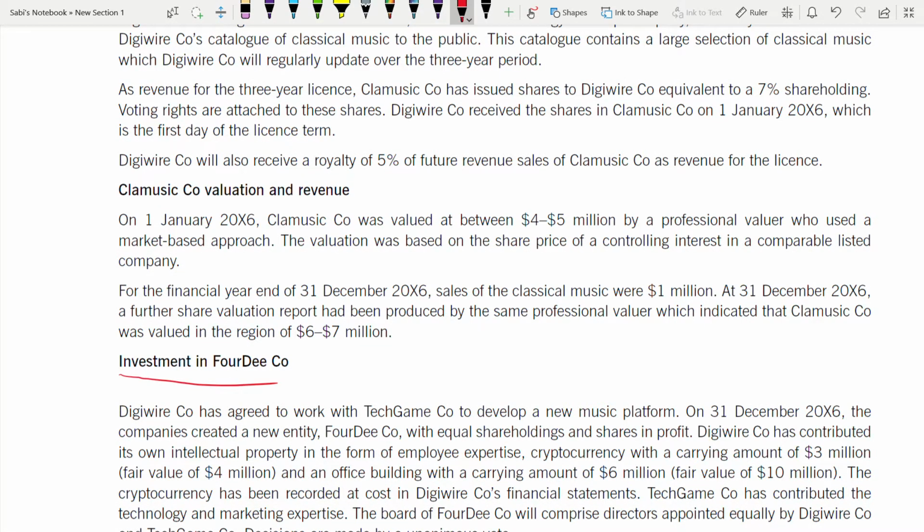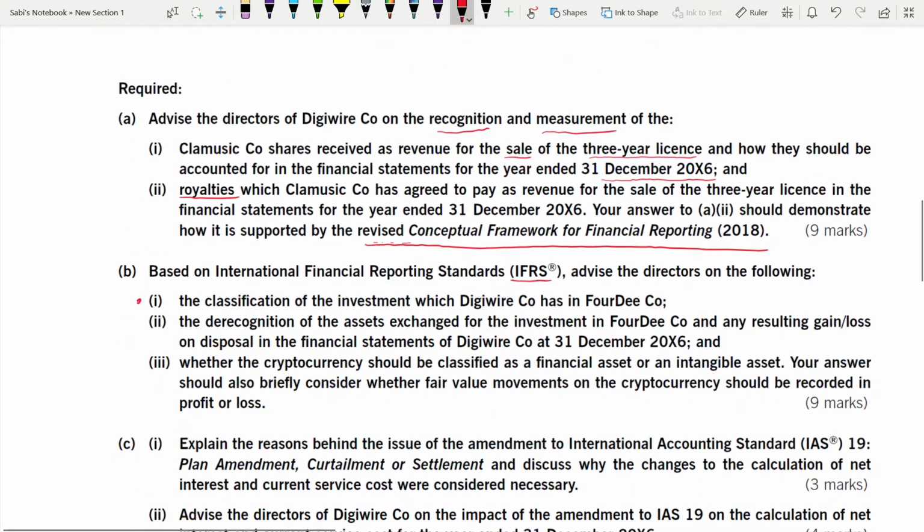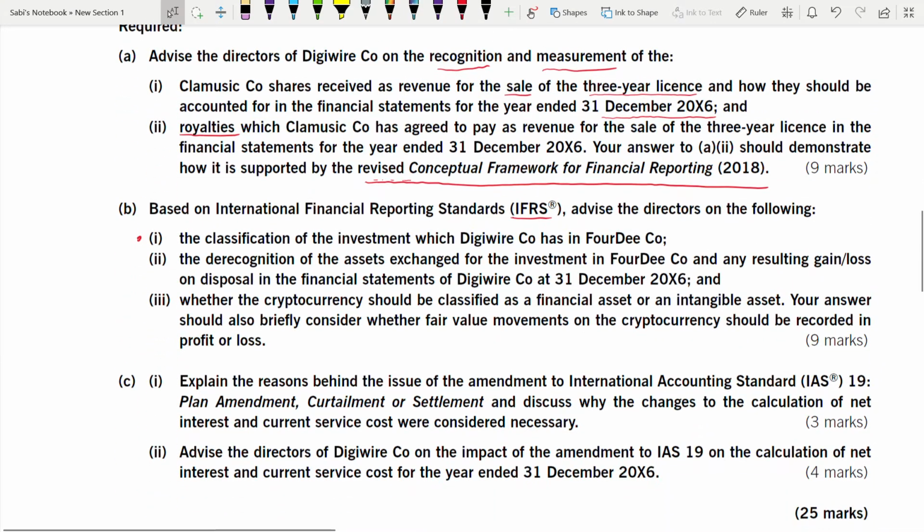That means that comes in part B. The first is for part A, the derecognition of assets. So first is classification of investment. Next is the derecognition of assets exchanged for the investment in 4D company and any resulting gain or loss on disposal in the financial statements of DGY at the 31st December 2006. That is also related to that only.